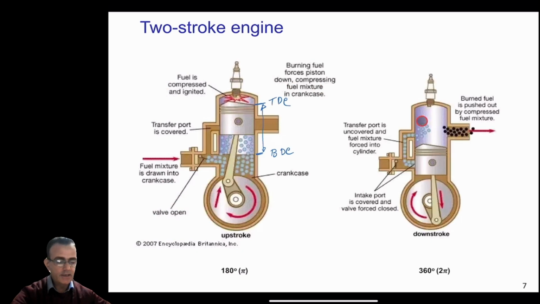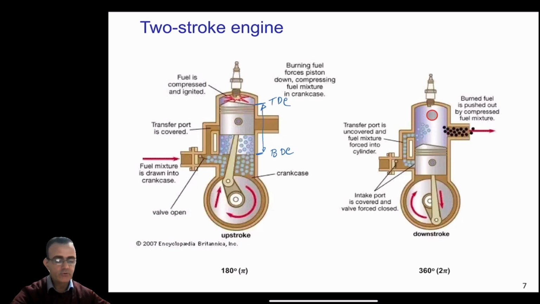So when the piston comes in the downward direction, in this stroke, which we call the downstroke, the piston is now moving from the top dead center to the bottom dead center. And during this motion, the way the piston head is constructed, as you can see in this case here, it will push this air fuel mixture through the transfer port into the combustion chamber.